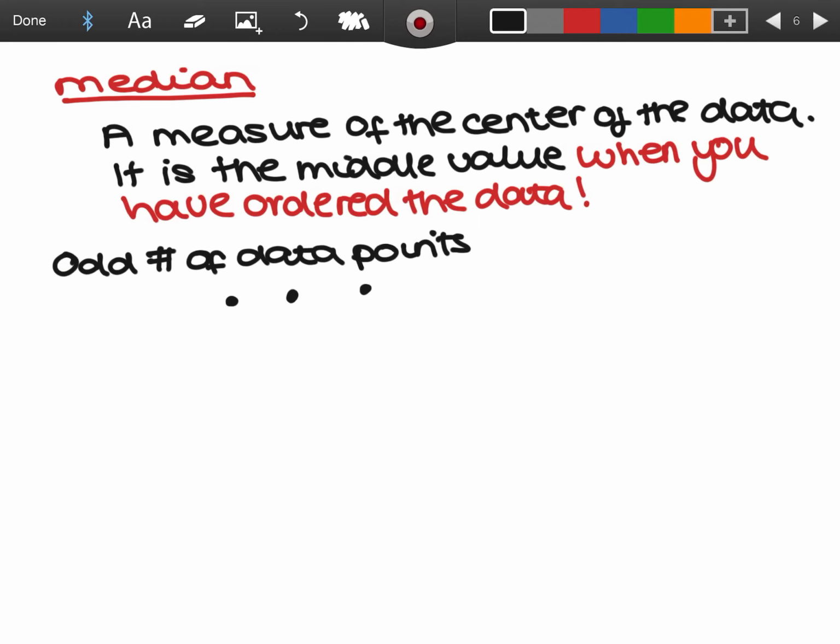Let's say you have 5 data points, and they're in order. It's very easy to see that if I count my way in, this is the middle data point. I've got 2 on either side. So when you have an odd number of data points, you just take the middle value as your median.